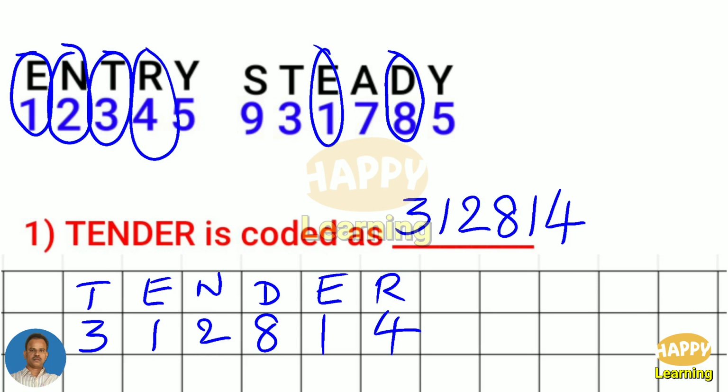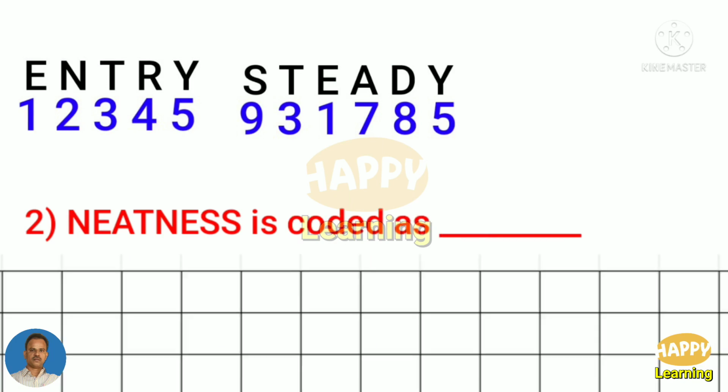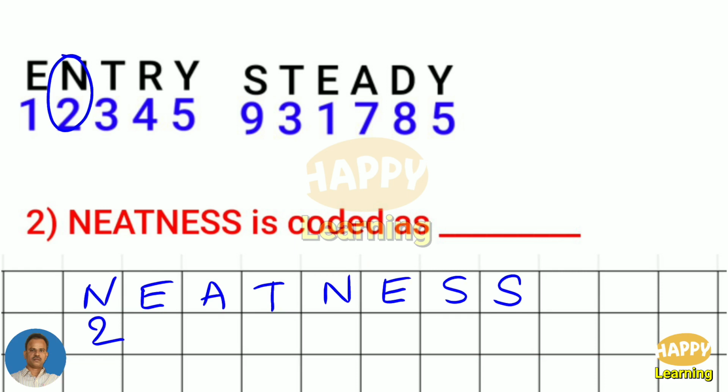Okay. Next question. Neatness is coded as. Let me write the spelling here: NEATNESS. N is coded as 2, so I will write 2 here. Again here it is 2. E is coded as 1, so here it is 1.